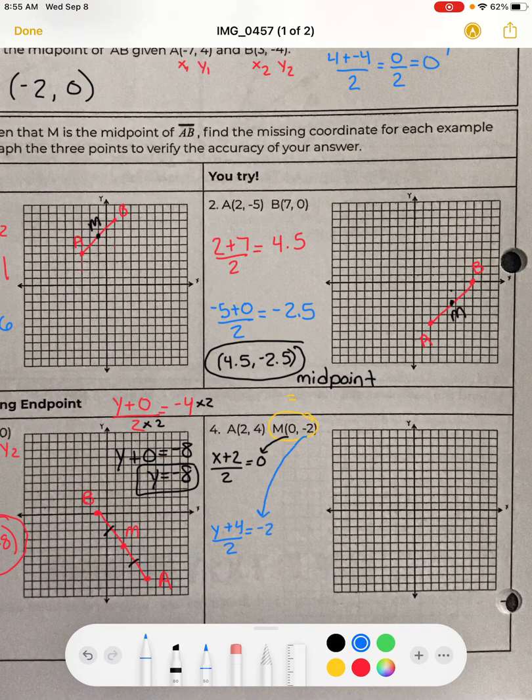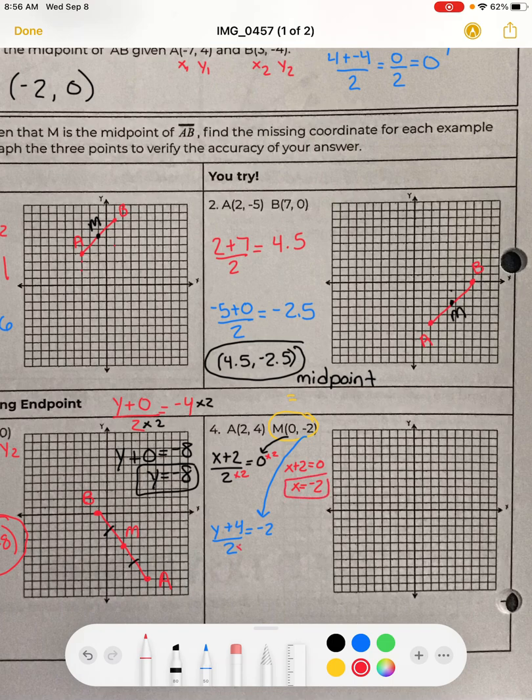That is the midpoint value in that problem. Now you have to solve. You take the bottom number and multiply it to the other side. So x plus 2 equals 0, and my x value comes out to negative 2.